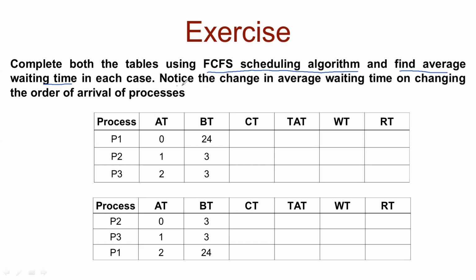You have to notice the change in average waiting time on changing the order of arrival of processes. In this case, P1 is a long CPU burst process, or I can say it is a CPU bound process. So it will keep the CPU for 24 milliseconds. P2 and P3 hold the CPU just for 3 milliseconds. These two processes have short CPU burst.